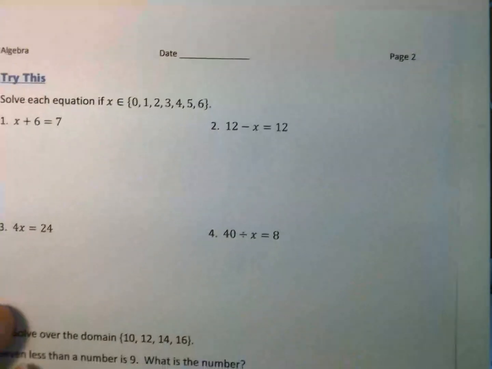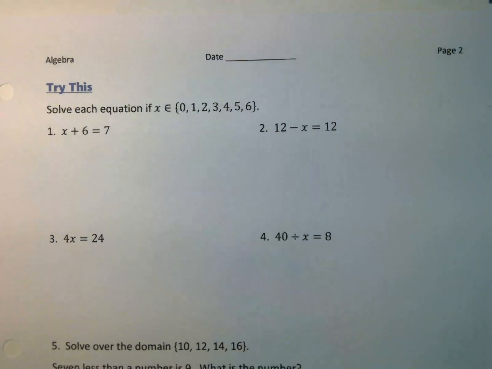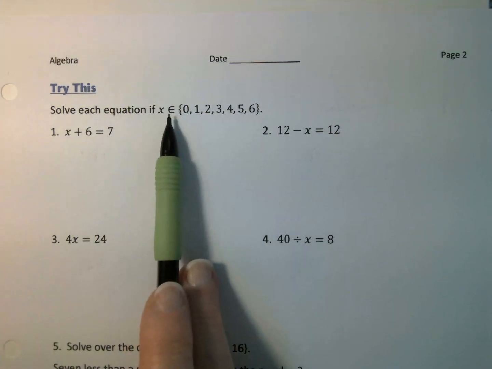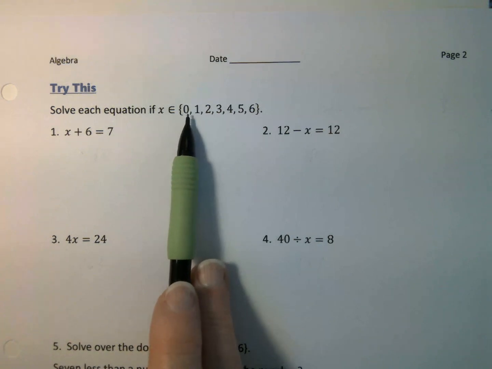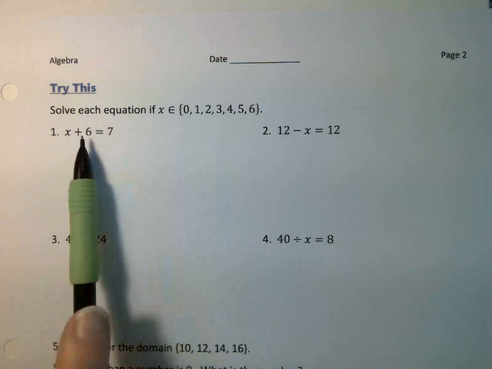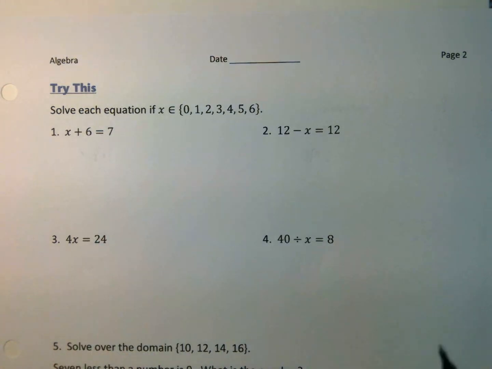Okay, if we look at the try this, here's the try this. There's only 5 problems today. For the first 4, you're going to use your domain: x is an element of 0, 1, 2, 3, 4, 5, and 6. You need to plug in all of the numbers, because there's possibly more than one solution.